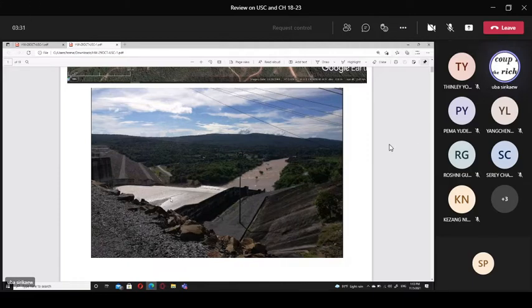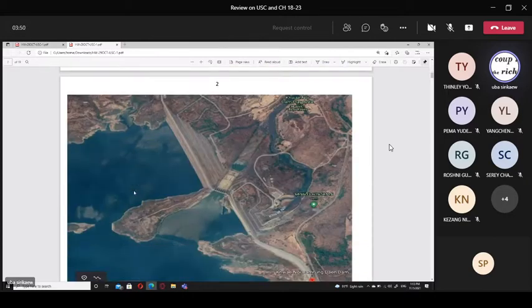It implies that concrete gives a more impermeable layer compared to soil, compared to compacted soil. And this is the view after construction. This part is the main dam. This part is the spillway. You see?